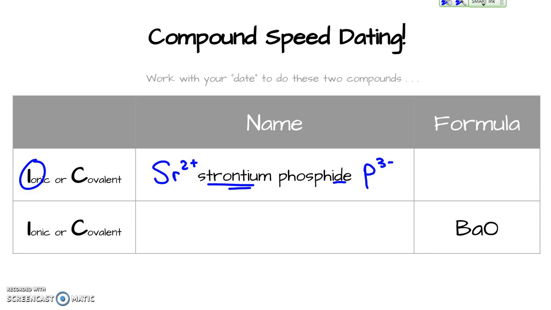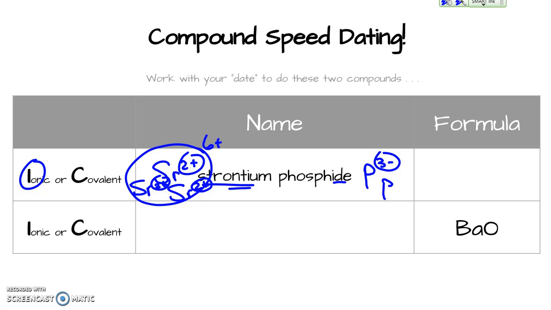Holy smokes, this is going to be a doozy. Strontium phosphide. I think about the least common multiple of 2 and 3, and I get 6. I want to make these have 0 charge. In order to do that, I'm going to want 3 of the strontiums, because +2, +2, and +2 is going to give me a charge of +6.